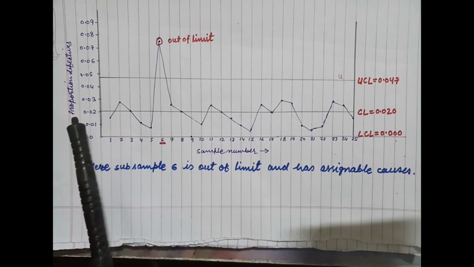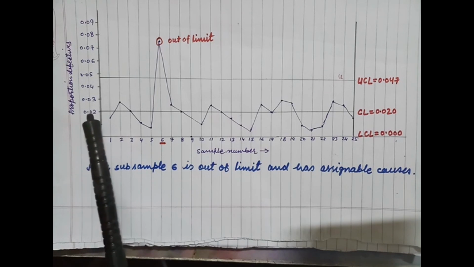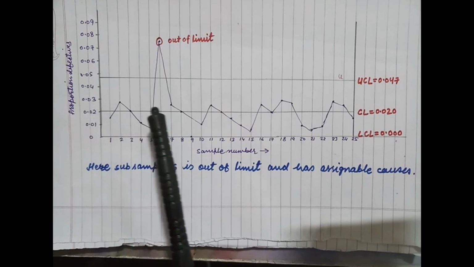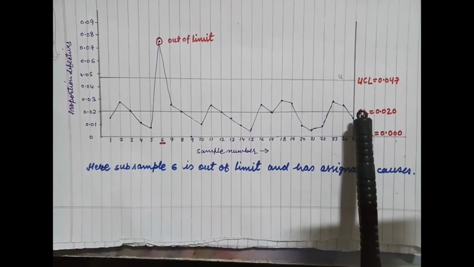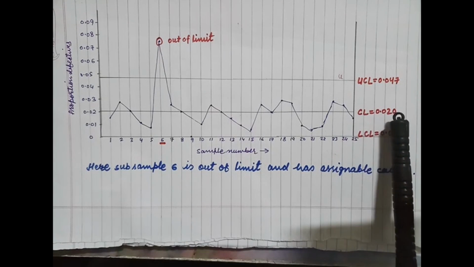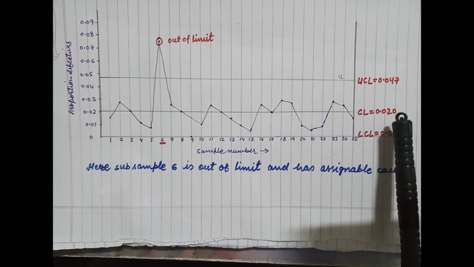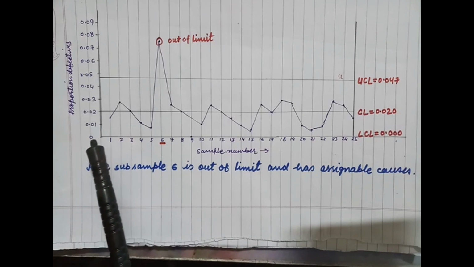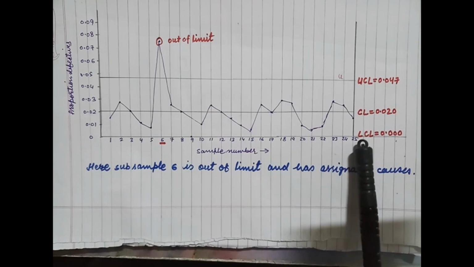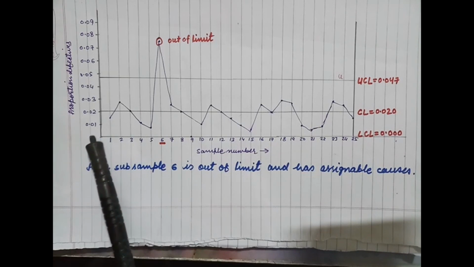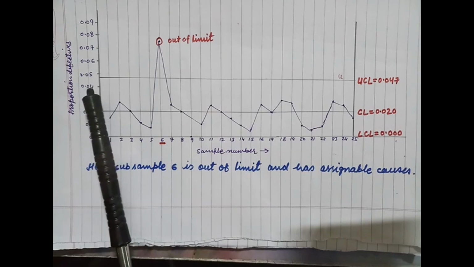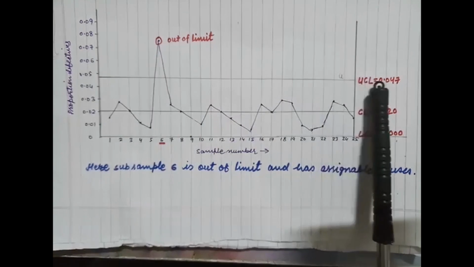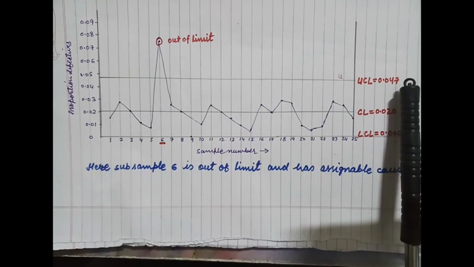The value of the central tendency is 0.02, so at 0.02 we mark a straight horizontal line, which indicates the central limit. The lower control limit is 0, so there is no need to mark it. The upper control limit is 0.047, so we will mark that.